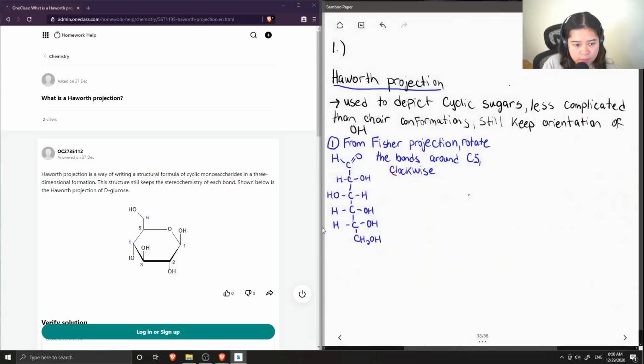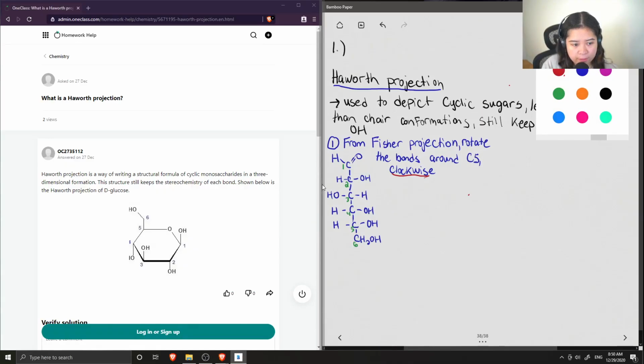Okay, so I'll show the rotation. So first, let's number them. The carbon with the aldehyde group will be carbon 1. And then I'll just number them going down. So carbon 5 is right here.